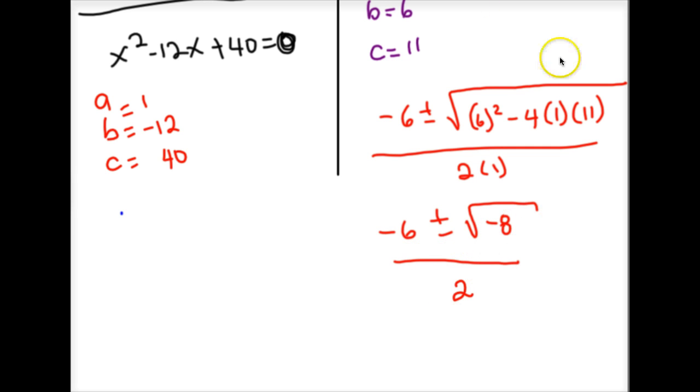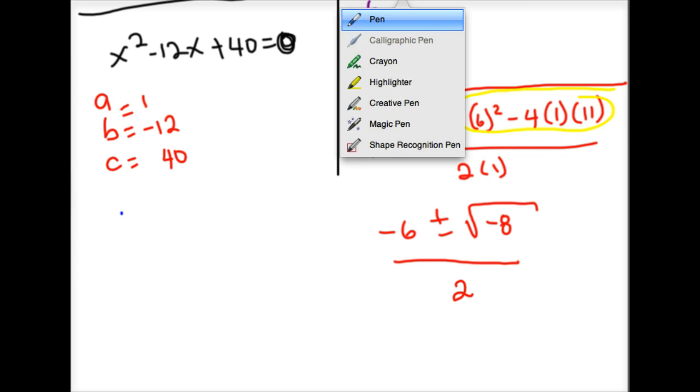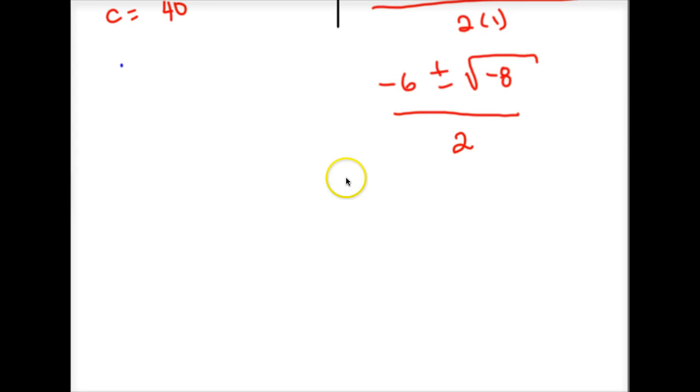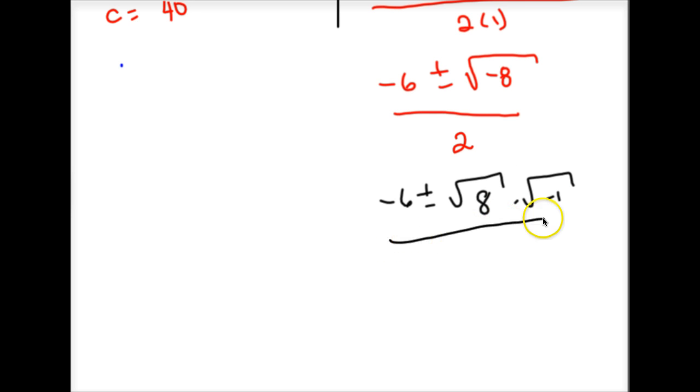Now, this piece right here did not give us a perfect square. So what we're going to do is break this down. This becomes negative 6 plus or minus the square root of 8 times the square root of negative 1, all over 2. We know the square root of 8 can be broken down as what?